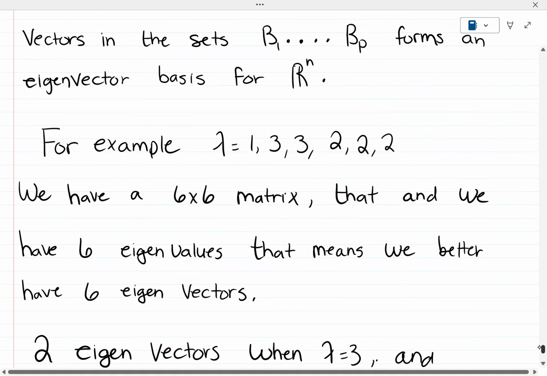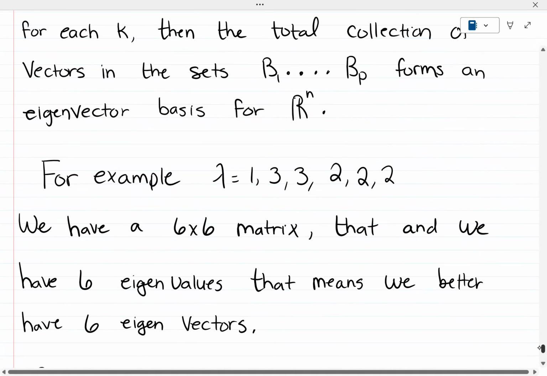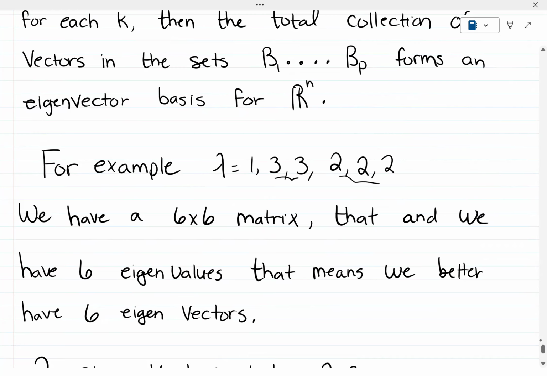So for example, you have lambda equals 1, 3, 3, 2, 2, 2. We have a 6 by 6 matrix because we have 6 lambdas, and you have a repeat of 3 and a repeat of 2. So we have a 6 by 6 matrix and 6 eigenvalues. That means we better have 6 eigenvectors.